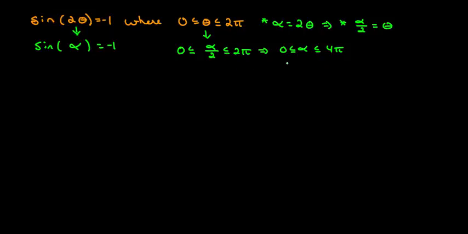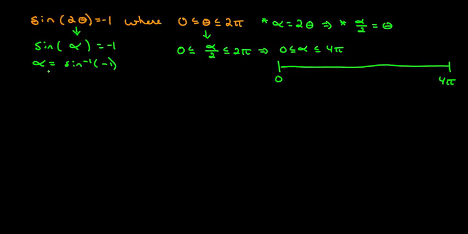So what I'm going to look for here is, in this interval from 0 to 4 pi, what angle or what angles give me a sine value of -1. I draw my circle out. My sine value is -1 down here.